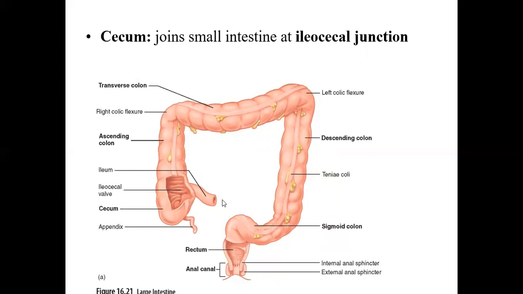Here's the cecum. Here is where the small intestine, the ileum, is coming in. There's a valve here called the ileocecal valve. That valve helps to prevent any backward movement of material from the large intestine back into the small intestine. So you do have a valve there. The first section here is called the cecum.